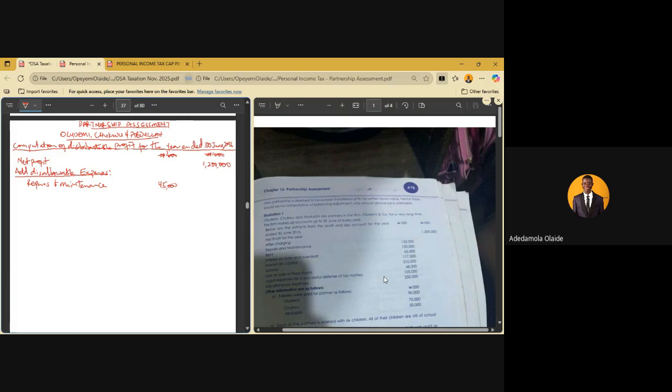We go to the SOP, we check it. Repairs and maintenance, treated. Rent, allowable. Interest on loan and overdraft, allowable. Interest on capital, allowable. Salary, allowable. Loss on sale of fixed assets. That's how much? 48,000.